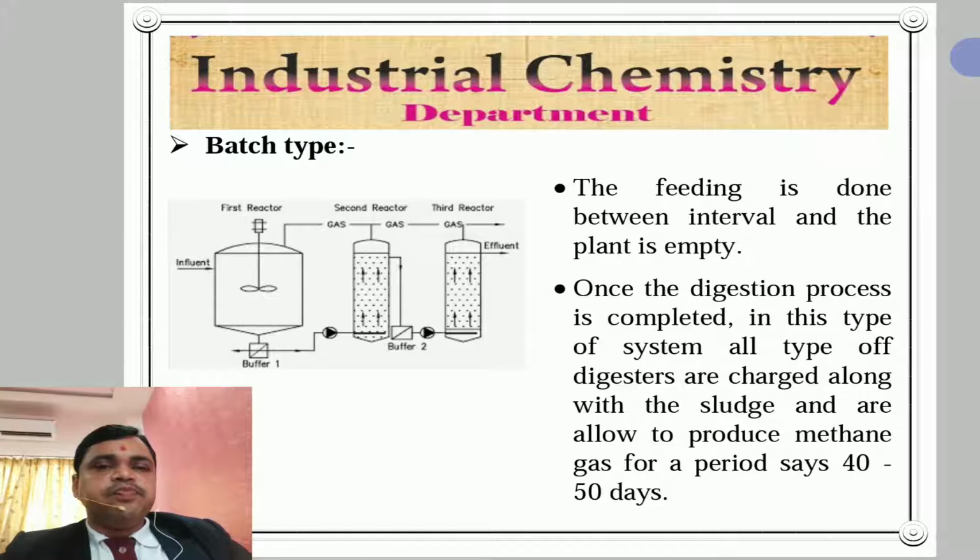In this type, the gas production period is 40 to 50 days. In continuous, only 3 to 4 days are required. But in this type of process, methane gas and carbon dioxide are produced for 40 to 50 days.